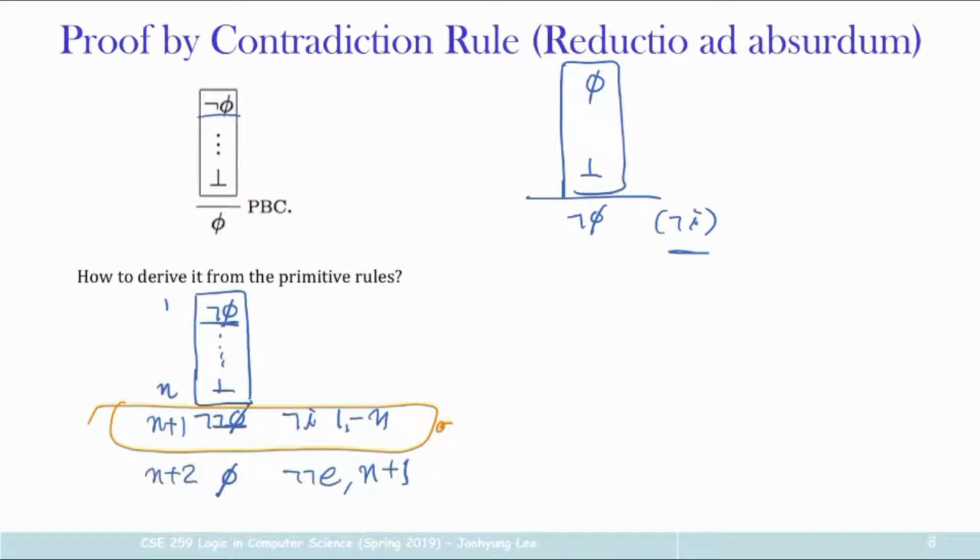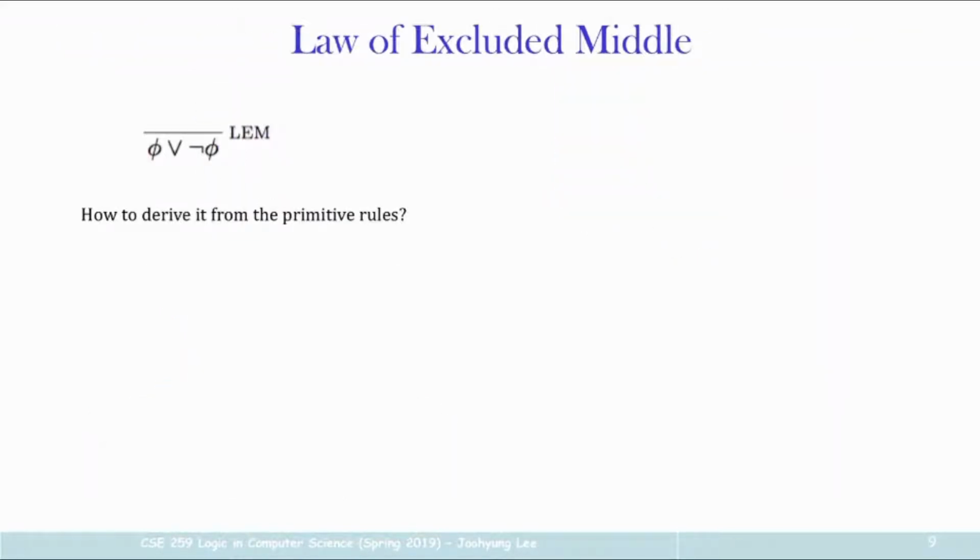All right. The next one is the law of excluded middle, and I gave you a hint on Piazza. For one of the problems, you have to use this law of excluded middle. What this rule is saying is you do not need any premises.